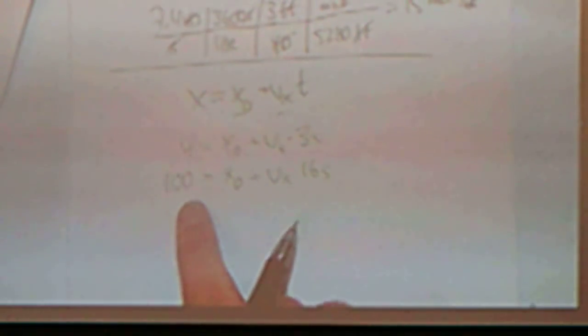So we know that x position 4 is equal to whatever x naught is plus whatever vx is times time, 3 seconds. And simultaneously, we know that at time 16 seconds, he must be at 100 yards.